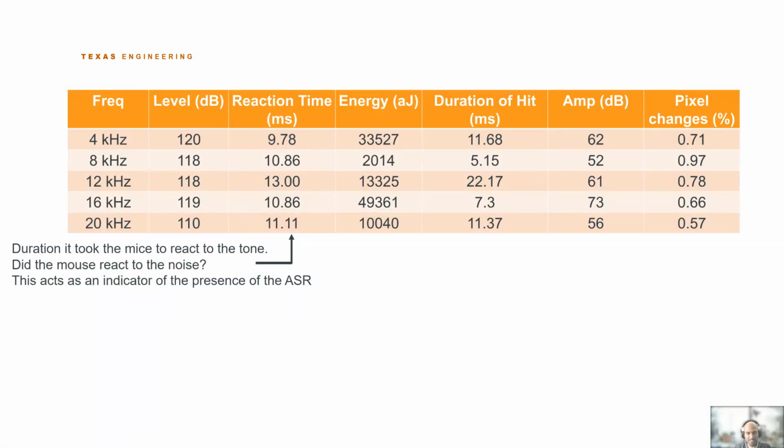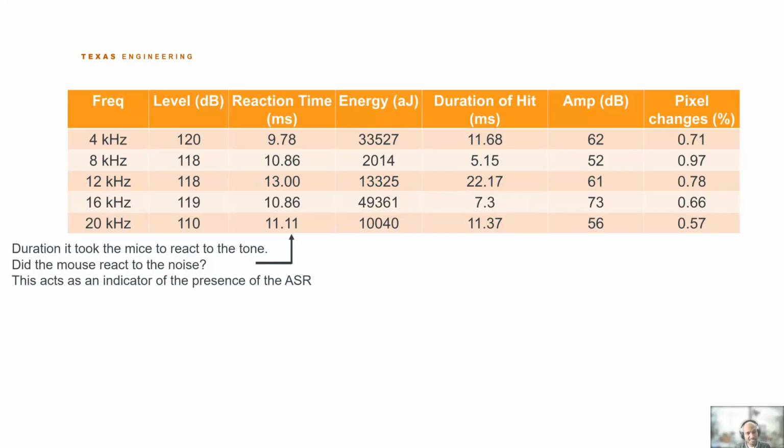For example, the reaction time tells you how long it took for the physical force to be applied in response to the startle tone. You can see more or less it is concentrated around 10 milliseconds. This is also an indicator of whether the animal startled or not.